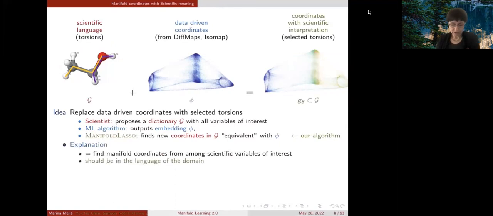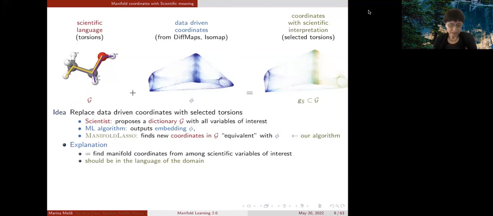So the scientist just expresses their knowledge by saying, here are all the possible scientific functions that are of interest to us. In this case, they're all torsions, but they don't have to be. They could be pressure, temperature, whatever, and other scientific quantities, age for galaxies, chemical compositions for materials, and so on.